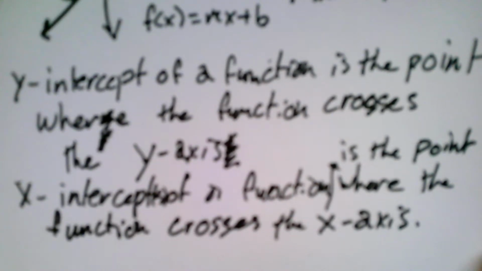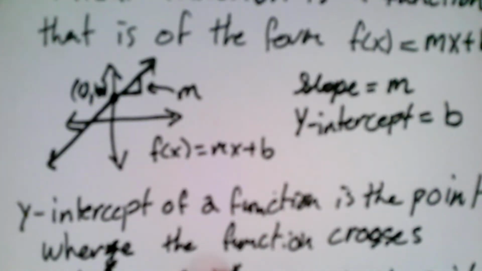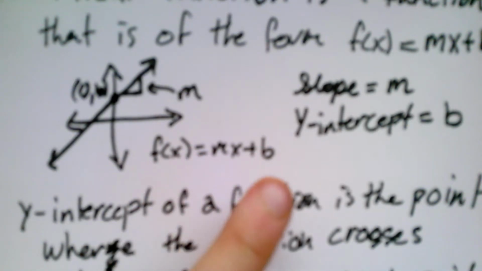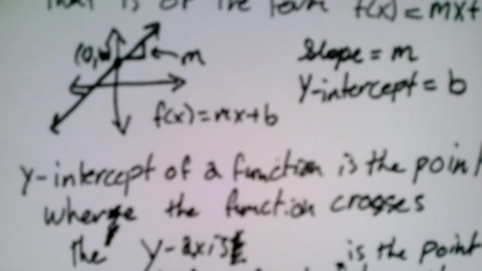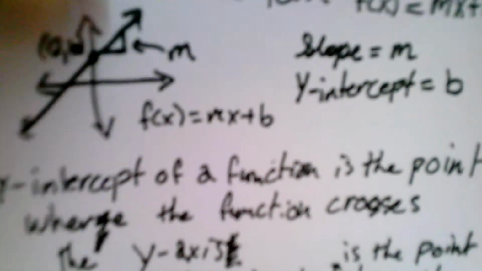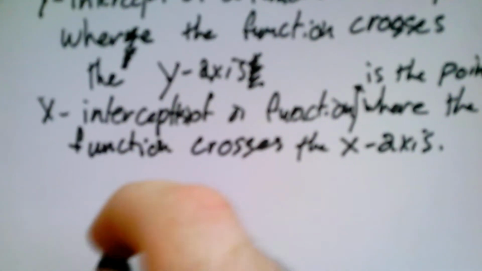Okay, so I claimed that b in this equation, this function, represents the y-intercept. I defined the y-intercept to be the place where the line crosses the y-axis, and so we need to prove this. So how do we prove that? Well, the y-axis is the line where the x-coordinate always equals 0.